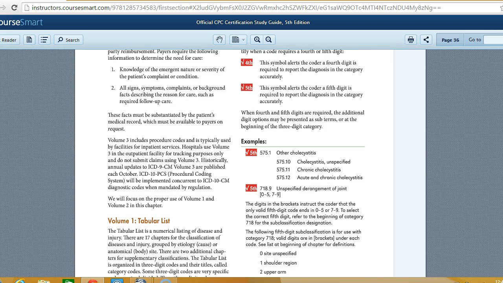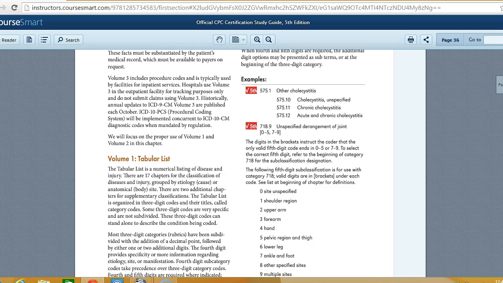Now, volume 1 is our tabular list, and it has 17 chapters, and they are classified by disease, injury, grouped by the etiology or the cause of the condition, or the anatomic or body site. There are 2 additional chapters for supplementary classifications in the tabular list, and it's organized in 3-digit codes, and their titles are called category codes. And some 3-digit codes are very specific and are not subdivided.